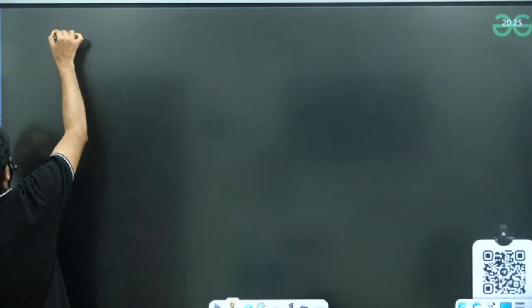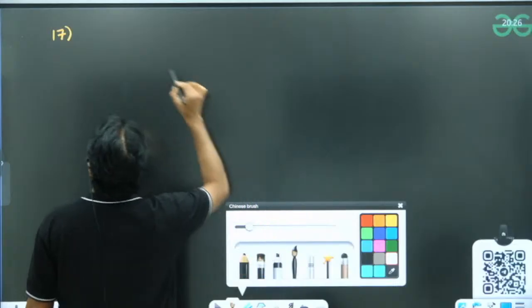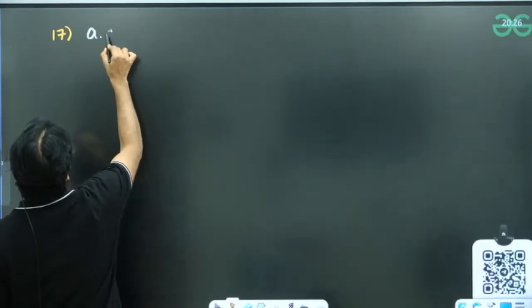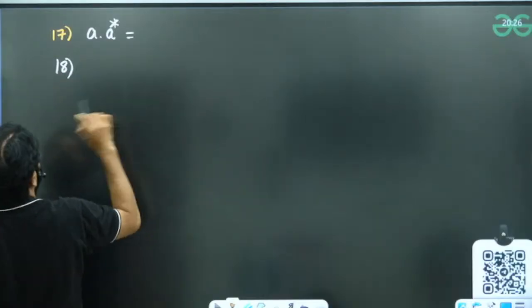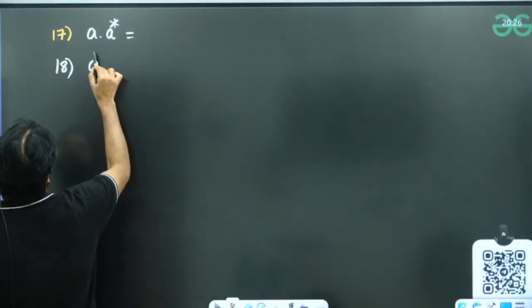We will see some of the interesting expressions. Please complete this, like A dot A star. 18. We have already seen, but I'm writing specially again to help you.